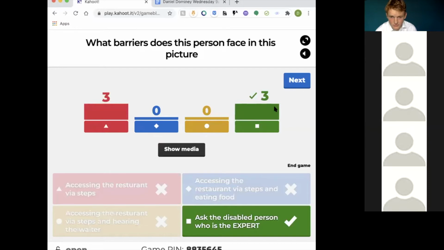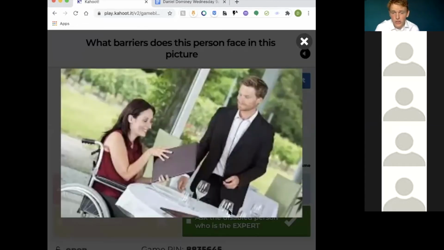Great. So here we are. We've got an even split. So we got accessing the restaurant via steps, and we got ask the disabled person who the expert is. So if you take this picture here as a scenario, you don't necessarily know all the disabilities that this person faces.